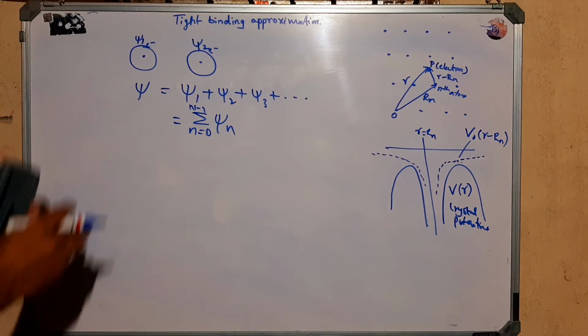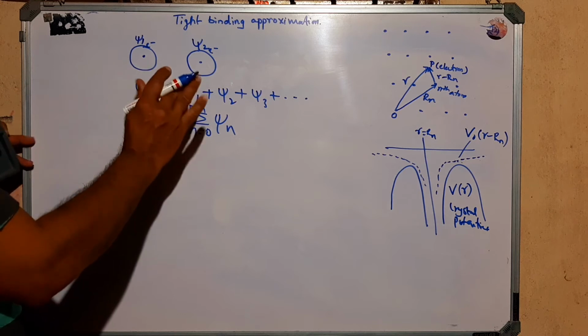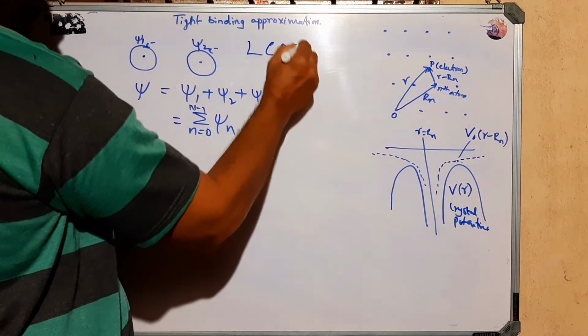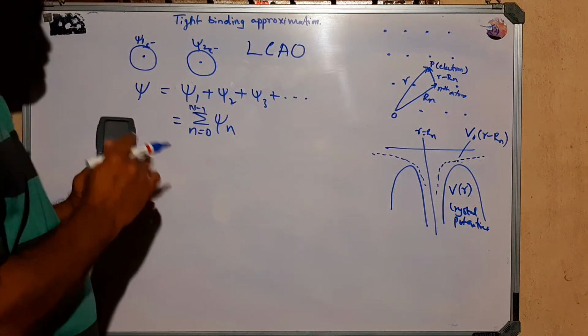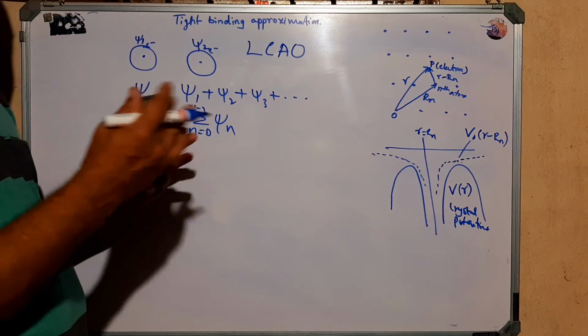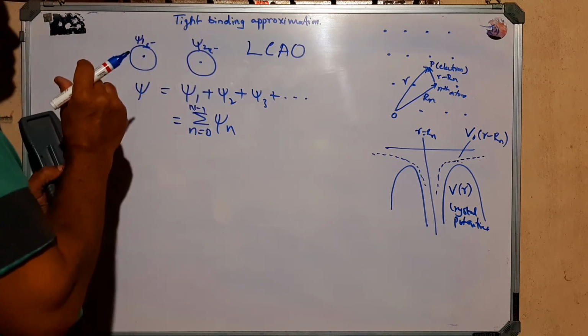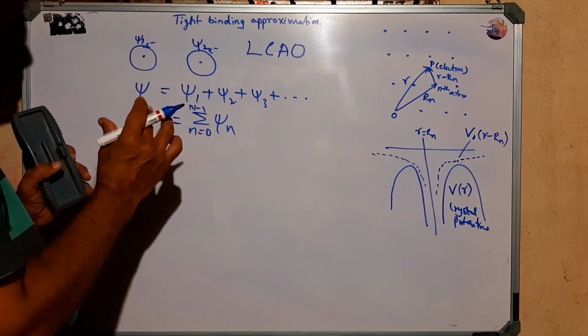Therefore we call this the linear combination of atomic orbitals. In order to speak about the motion of electrons, we consider the orbiting electron around the nucleus.